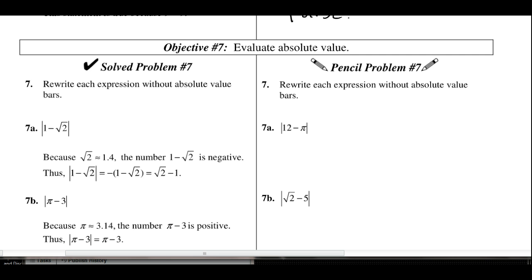Either way is going to be equivalent. So here we basically know that pi is the number that's about 3.14, so we know that this is positive, and if it's positive, absolute value doesn't do anything to it. So this is actually just equal to 12 minus pi.